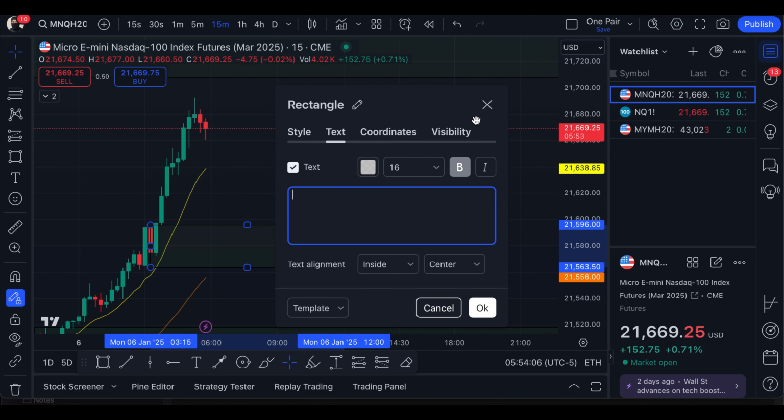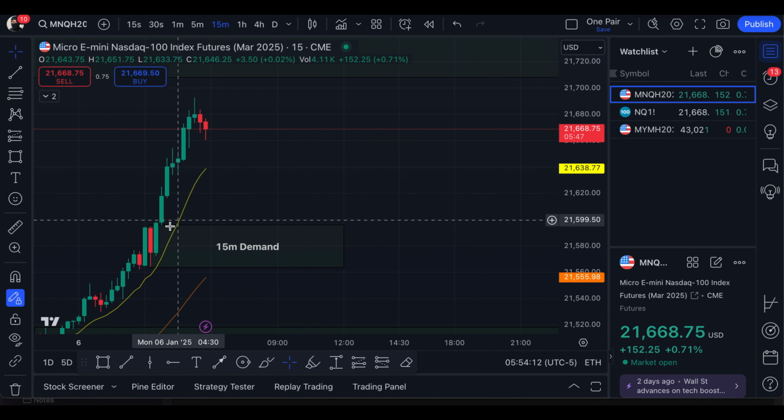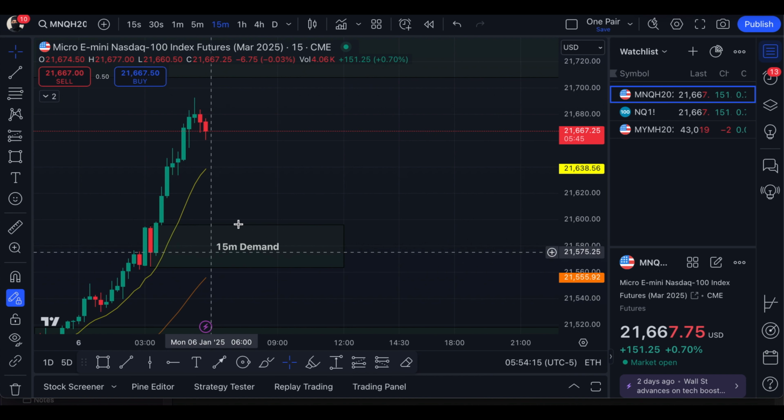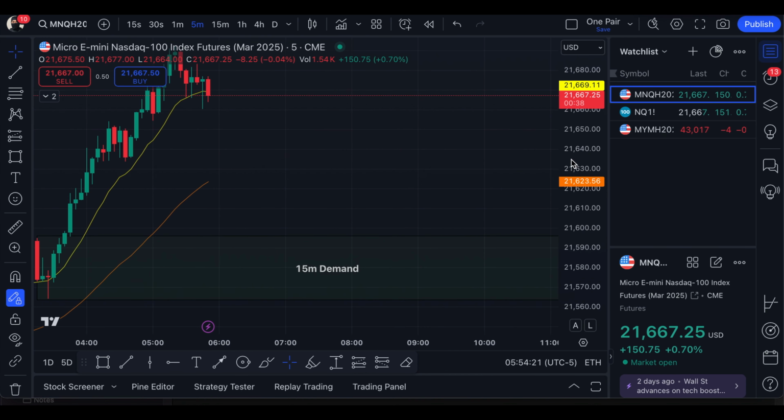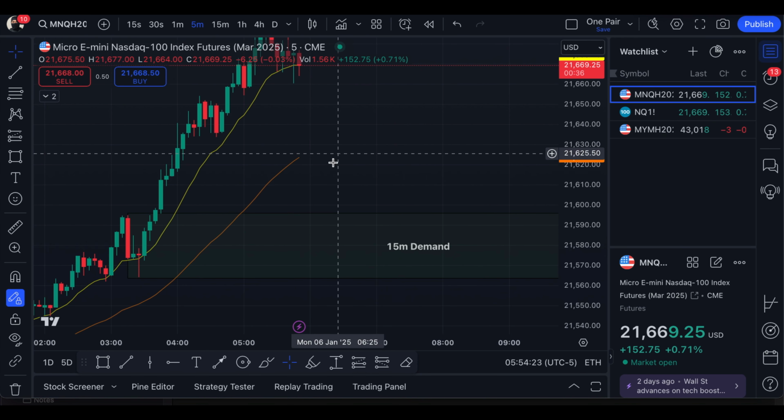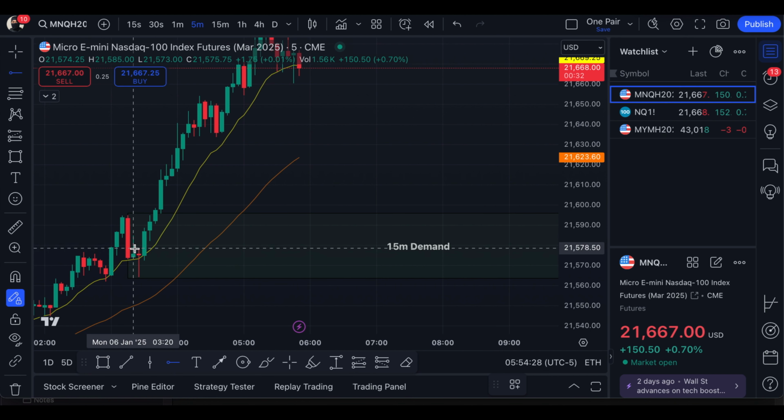So for example, here there is a 15-minute demand. And inside of this 15-minute demand, I will look for a 5-minute demand. So like here, there is a 5-minute demand right in here.